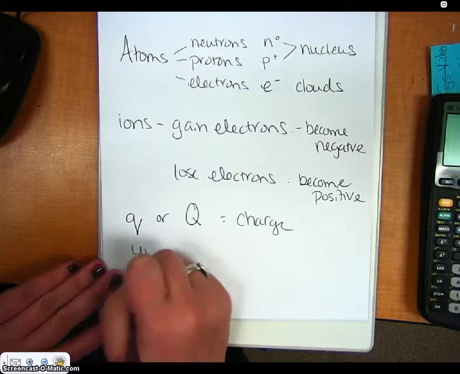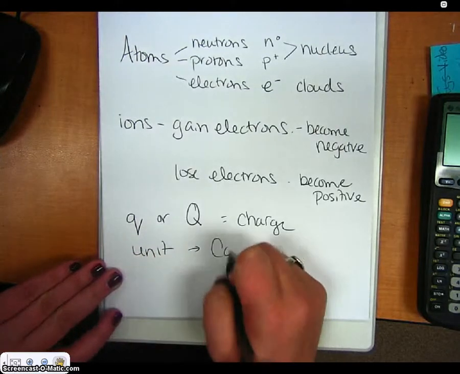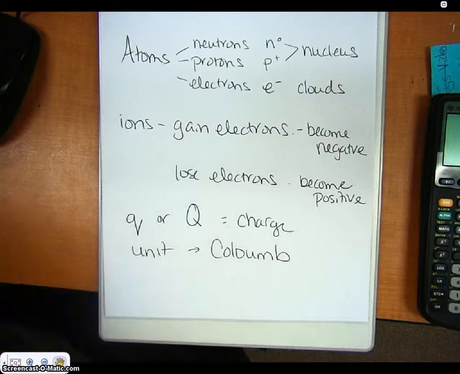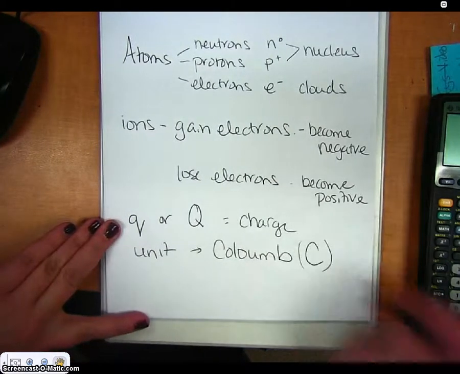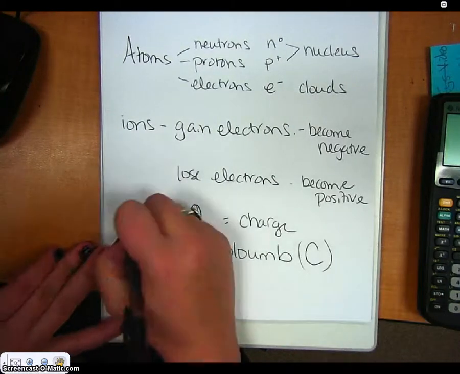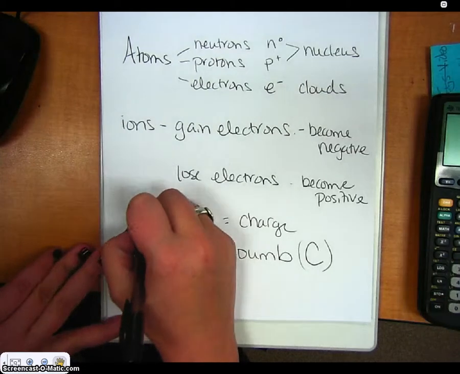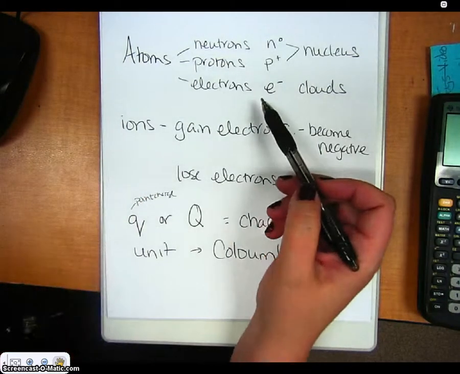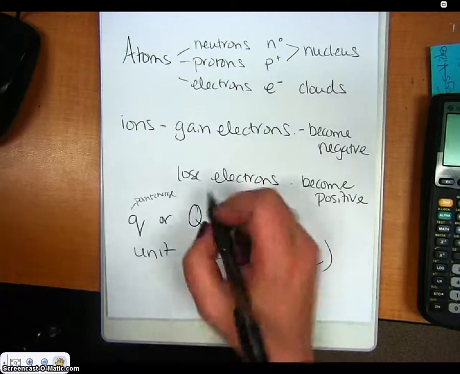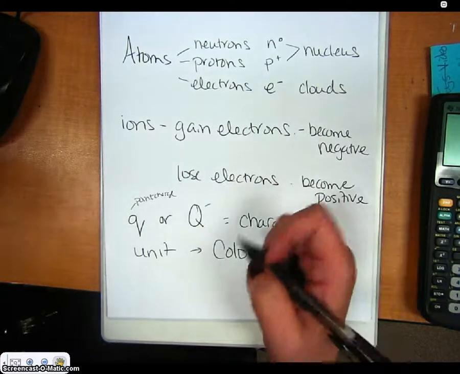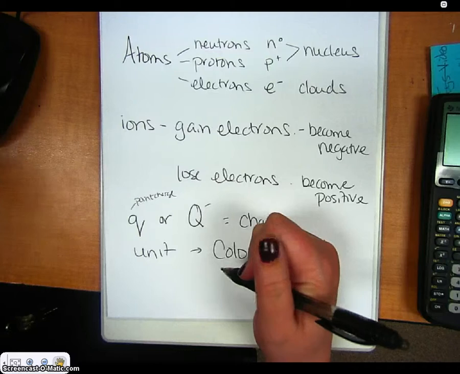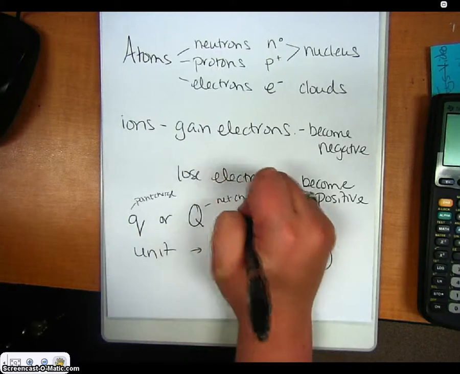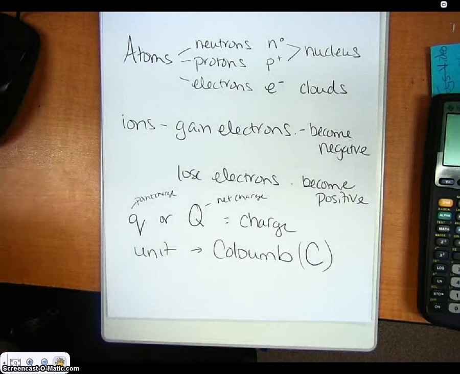And the unit is a coulomb, which we usually see with the capital letter C. Now, little q typically is like a point charge, where we're talking about an electron or a proton, whereas big Q is like a bigger object that's made up of multiple atoms, and therefore there's a net charge. So usually it's some larger net charge, okay?